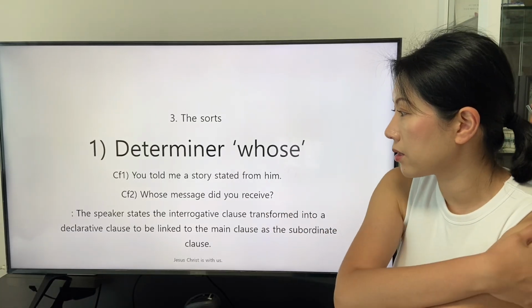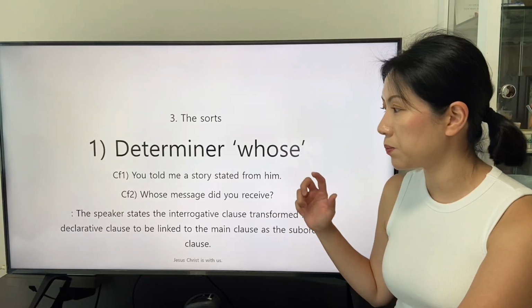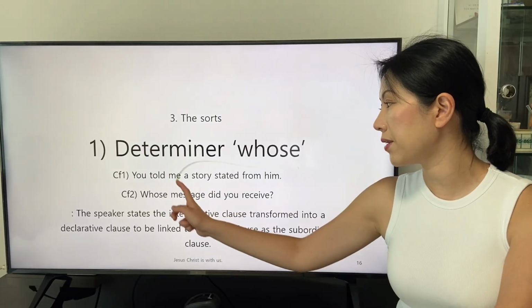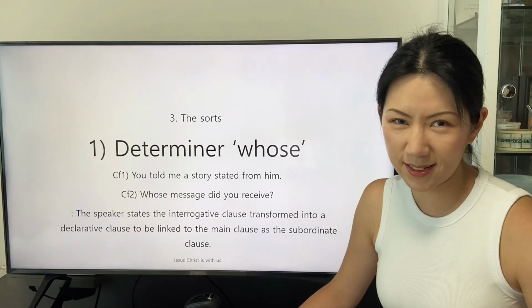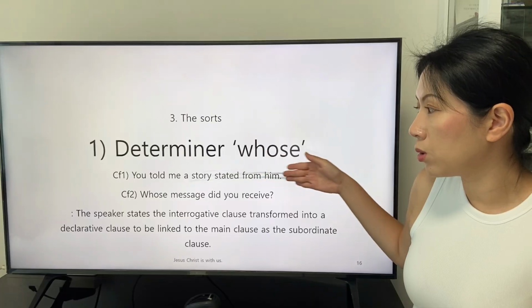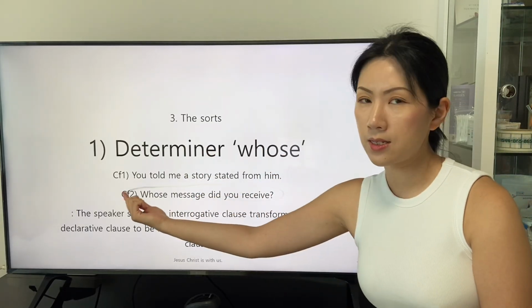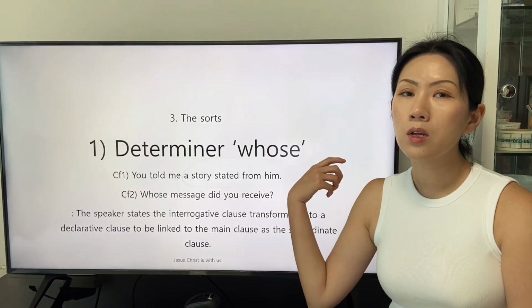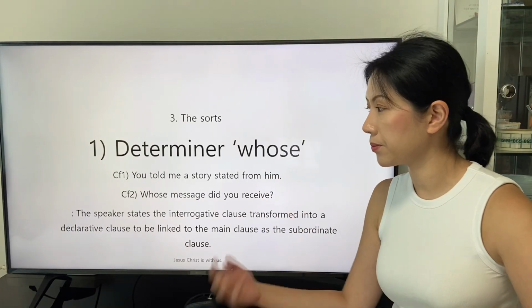So we can find that the speaker links the two clauses because the speaker figured out whose message and a story started from him indicate the same object. The speaker abbreviates this whole direct object, and replaces this phrase by the declarative statement of the second sentence.